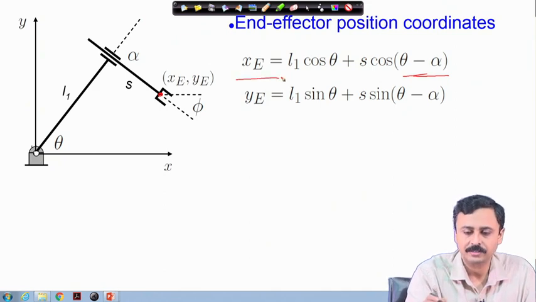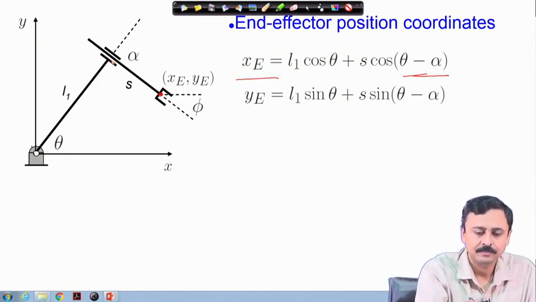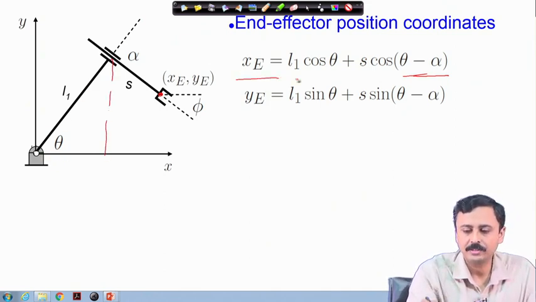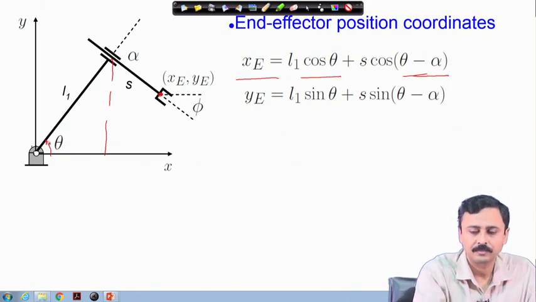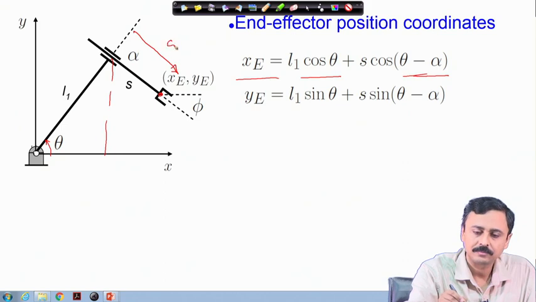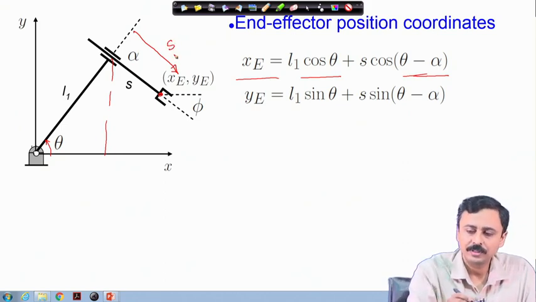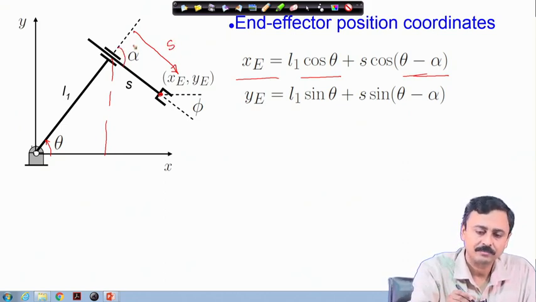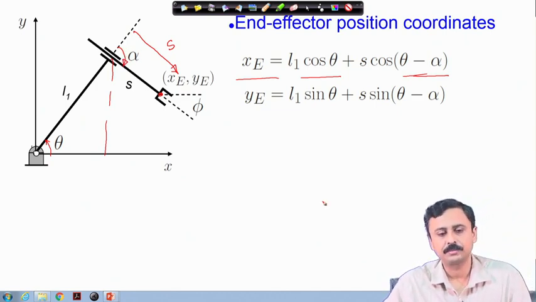So, let us say the expression of xe is L1 cosine theta plus s, which is this length, cosine of theta minus alpha, this being the clockwise sense of the alpha.